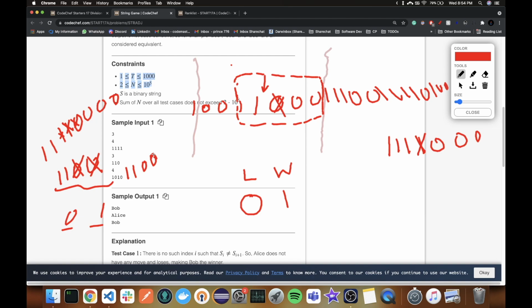So if there was a state where the count of 0s or the count of 1s is 1, then player 1 automatically wins. Otherwise player 2 wins. Sorry, in that case player 1 wins, and in this case player 2 wins. So we can simulate this, and based on parity we know who wins.